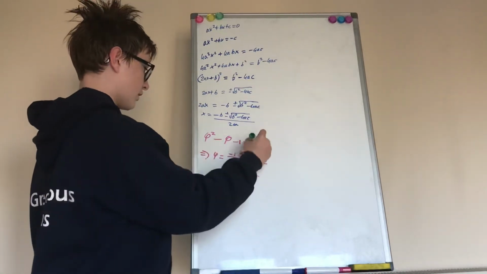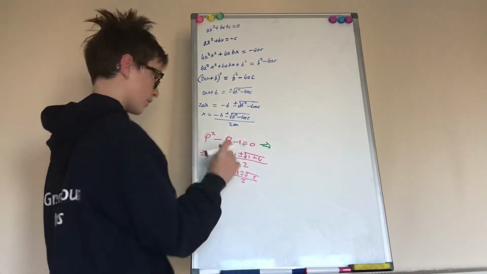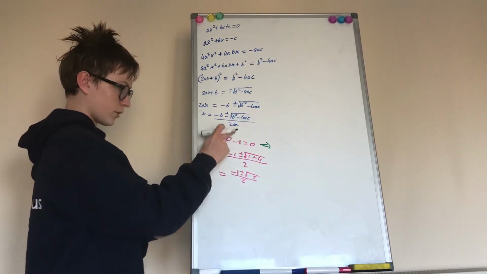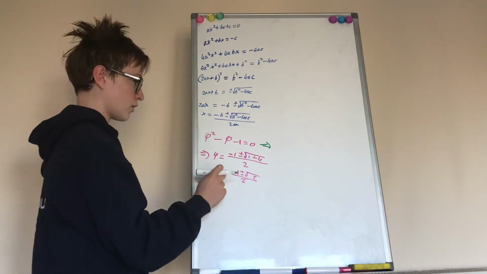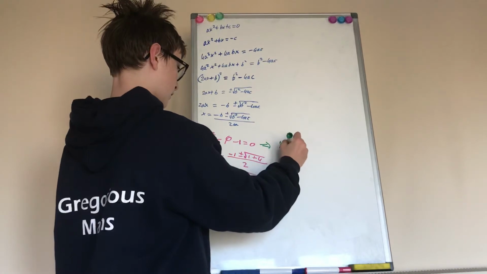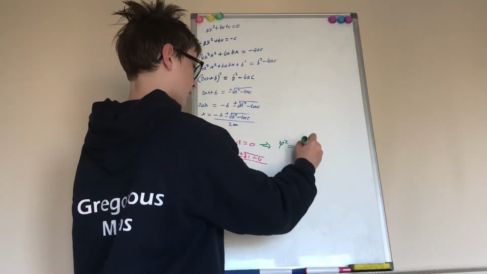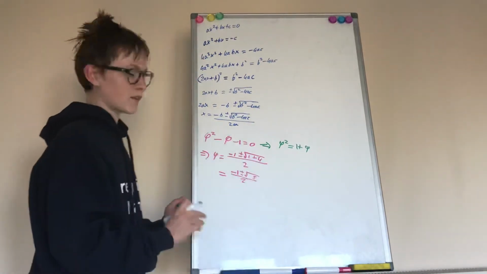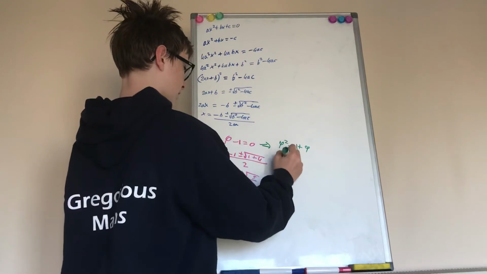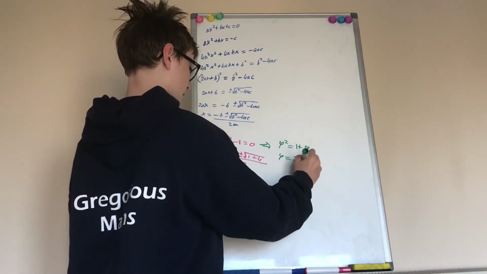This here also implies, if we ignore these steps and do the normal stuff, add this on both sides, so we get phi squared equals 1 plus phi. Now taking the square root on both sides, we're left with phi is equal to the square root of 1 plus phi.